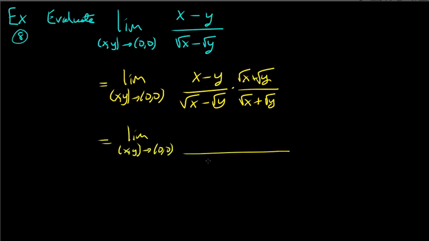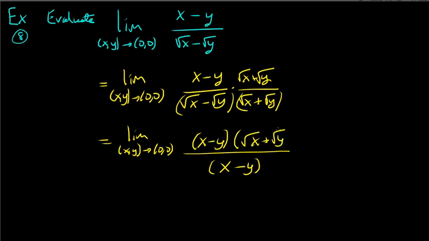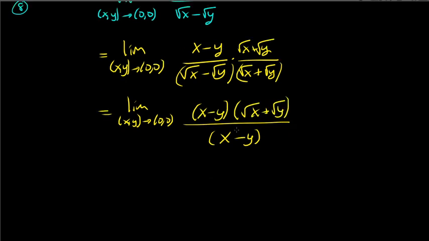So the denominator becomes, when you multiply it out, x minus y, and the numerator contains a factor of x minus y. So we can cancel the factor of x minus y. And after we do that, it looks pretty good. We just get the square root of x plus the square root of y.